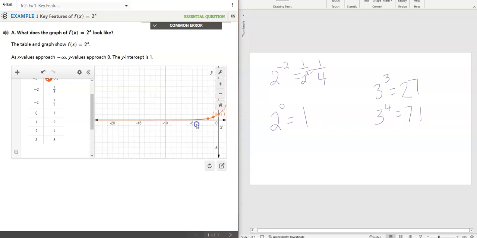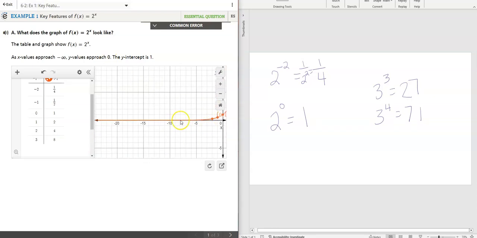And again, as I zoom out, you're going to see this line kind of looks like it's on the axis. We're never going to get below, because my fraction is just going to become a larger denominator until, as it gets closer to 0, I might have 1 over 5 million something, right? 1/5,000,000th. We're going to keep getting these fractions that are really close to 0, but we're never going to get to 0.